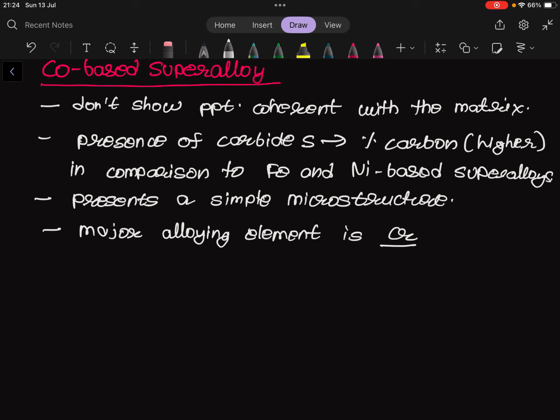Chromium provides oxidation and corrosion resistance. The content of chromium in this alloy varies from 20 to 30%.